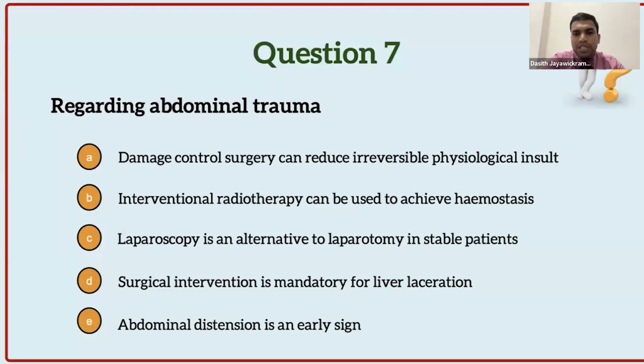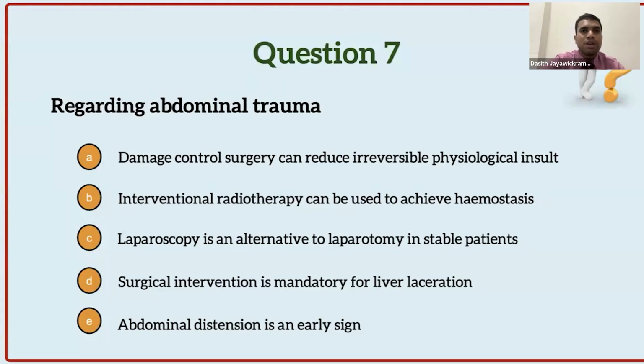Damage control surgery is done to hold the progression of injury. We don't want the compensatory physiology to go into decompensation. We do a surgery to prevent the patient from going into decompensation, not to do a full total reconstruction.